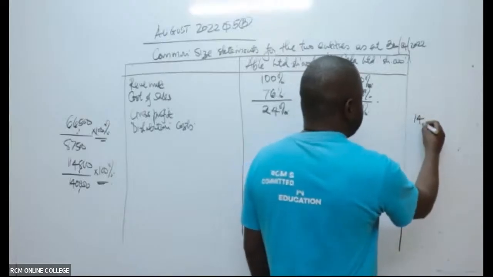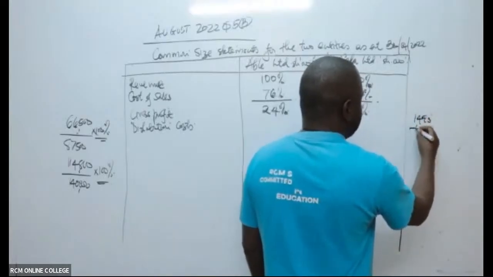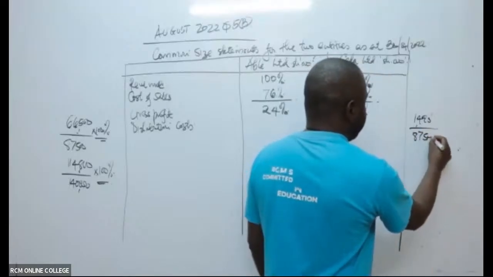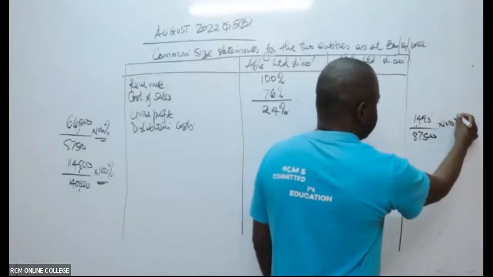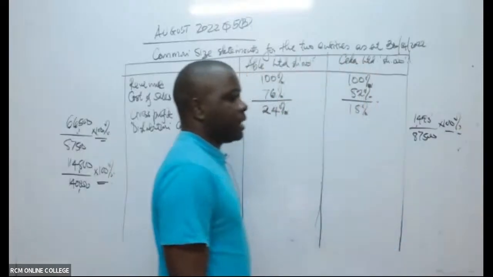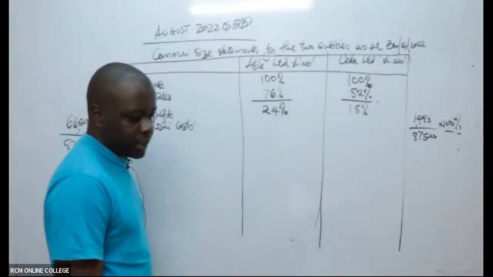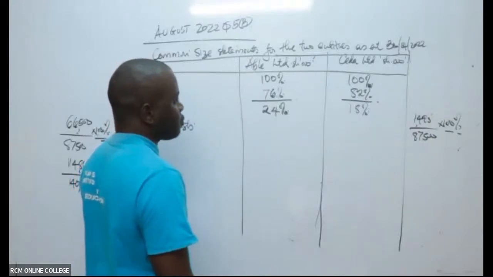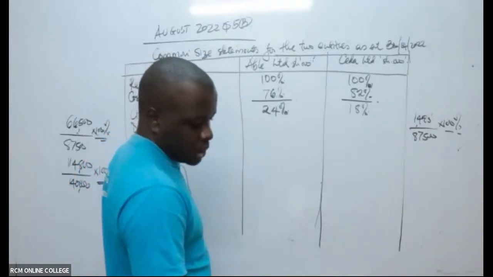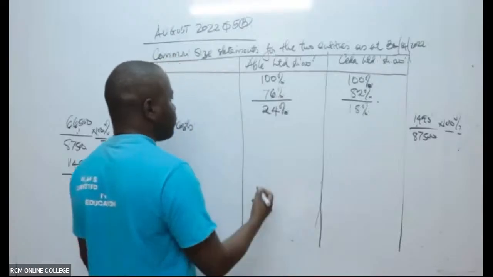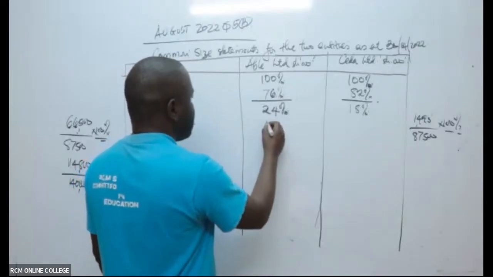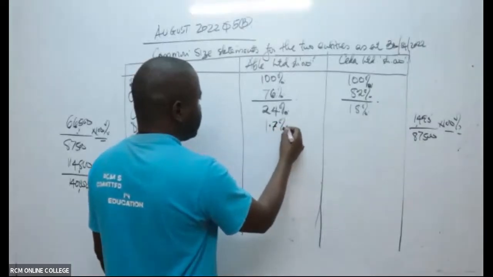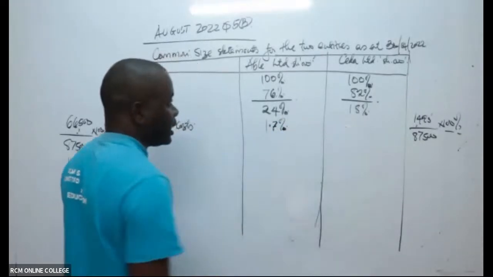You multiply by 100%, and you're getting 1.71. We can round off to one figure, so let's say 1.7%.